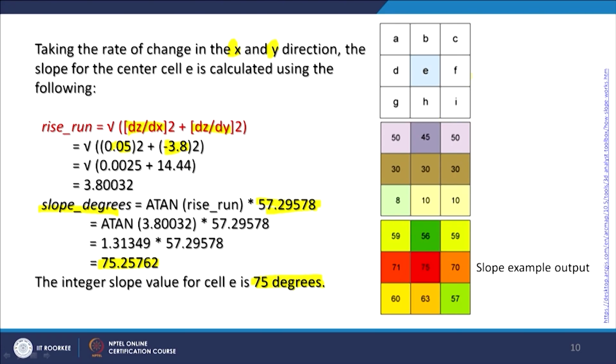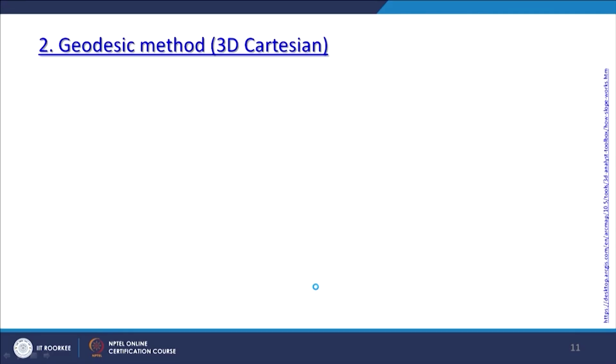We started with this center cell E, whose value initially was 30 degrees in the input digital elevation model, but through this neighborhood analysis for planar x y direction slope calculation, ultimately we get a slope of 75 degrees for the center cell. So it is basically a neighborhood analysis.